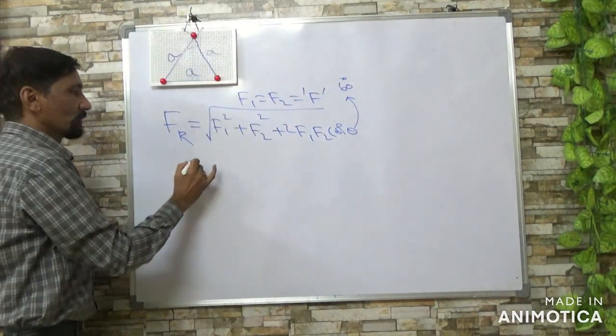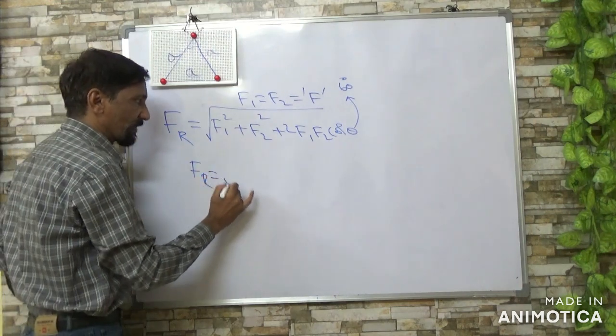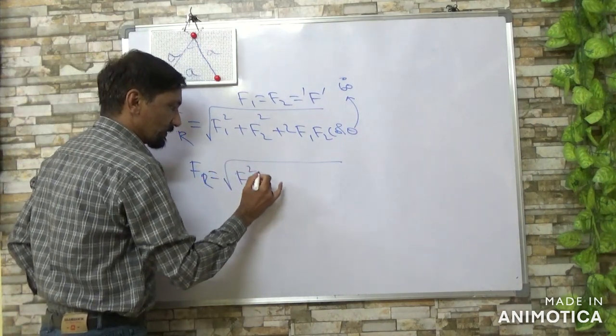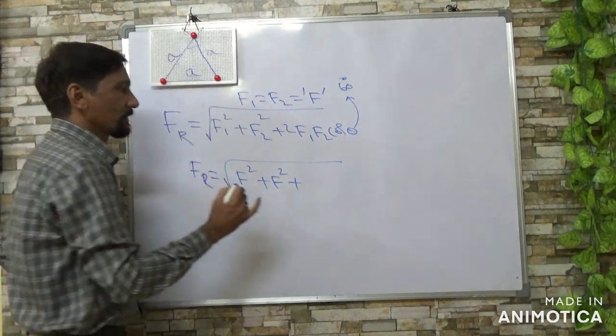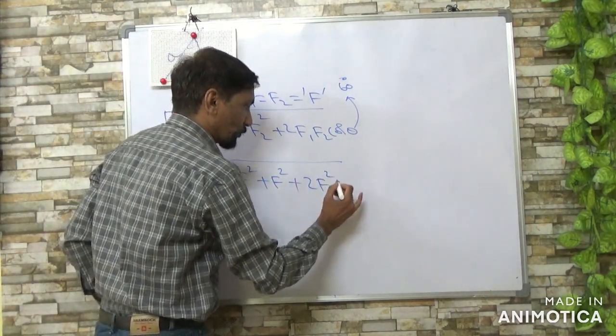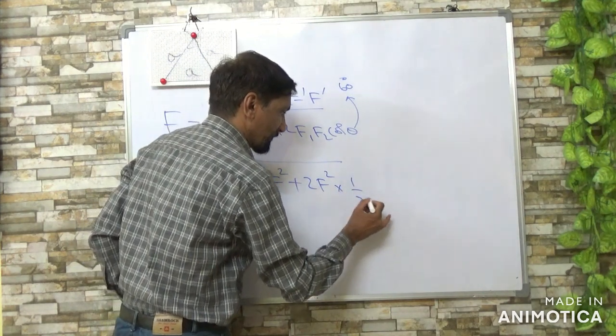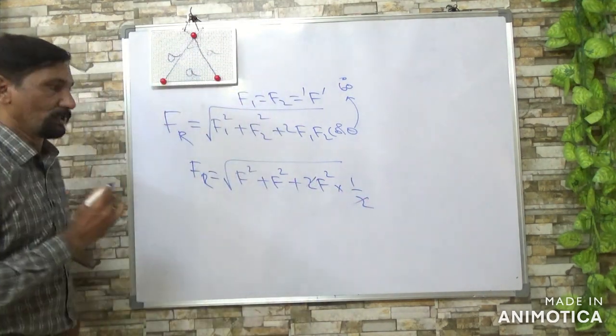So the resultant force is given by root over F square plus F square plus 2F square cos 60, which is 1 by 2, cancelled.